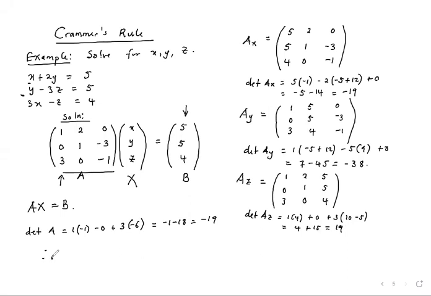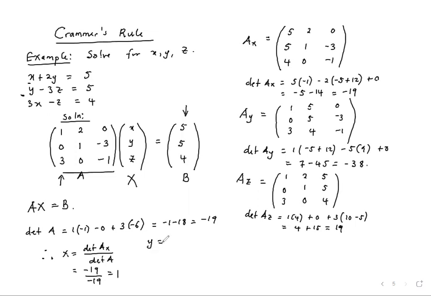Therefore, X will be given by determinant AX over determinant A, which is equal to -19 over -19, which is equal to 1.